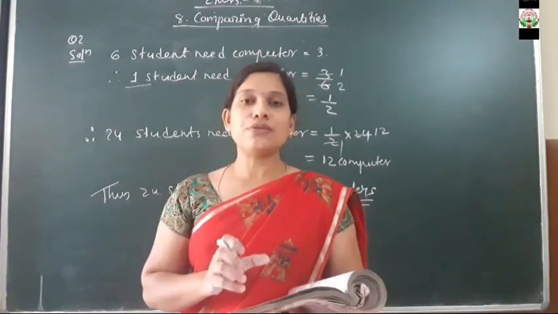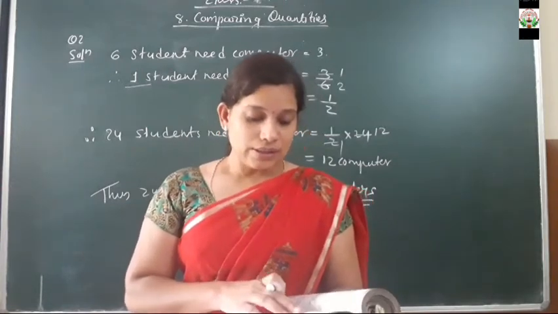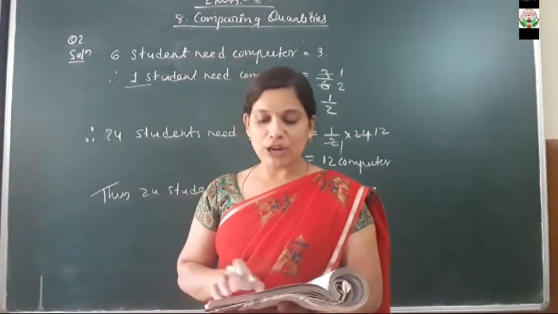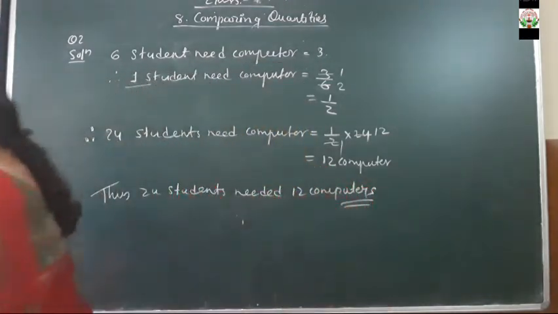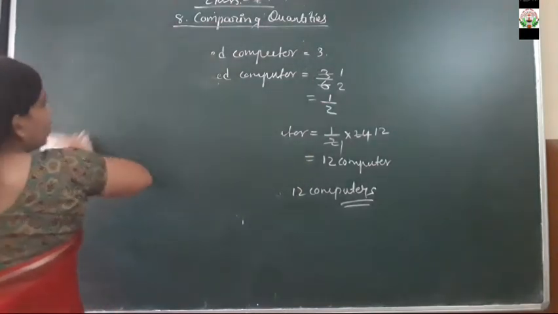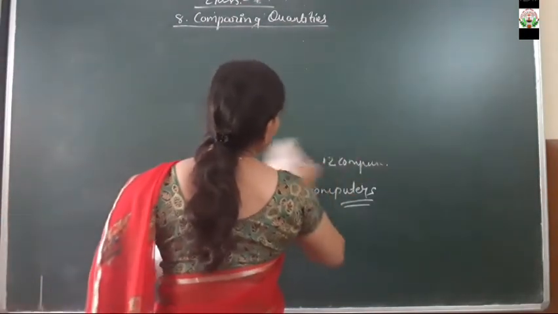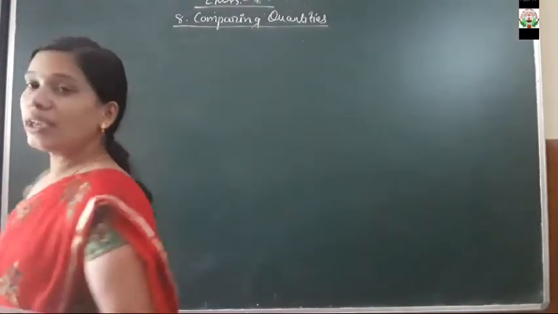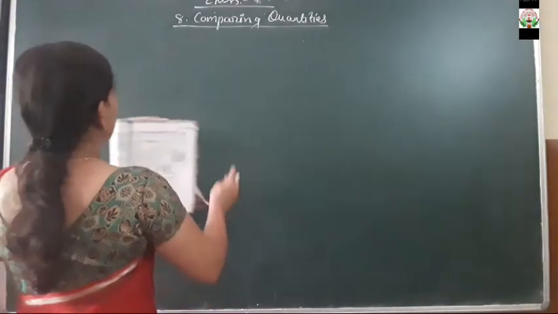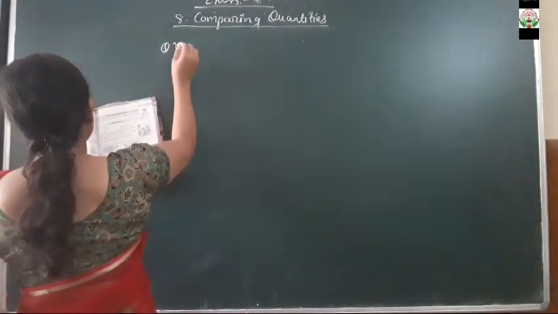So here we have to find the population per area, meaning how much population is there in 1 kilometer. First we are going to find that out.